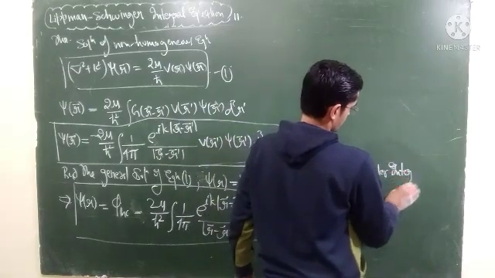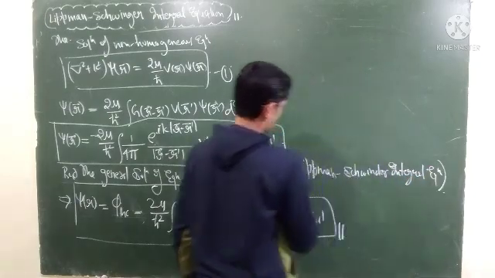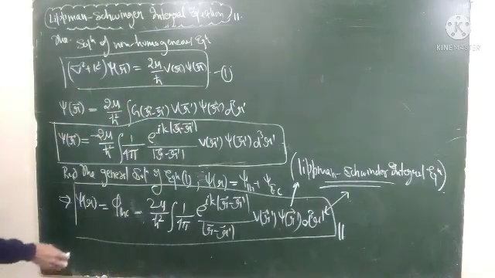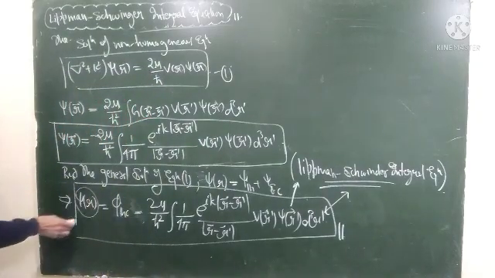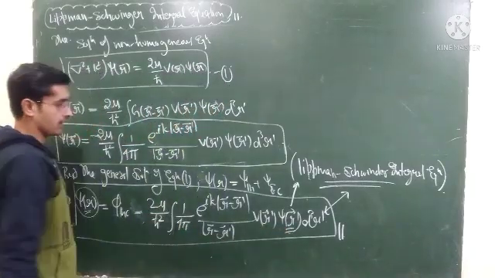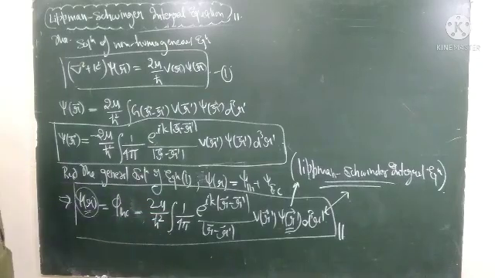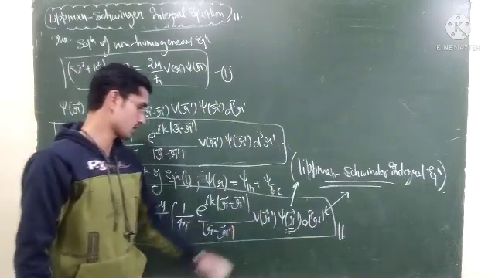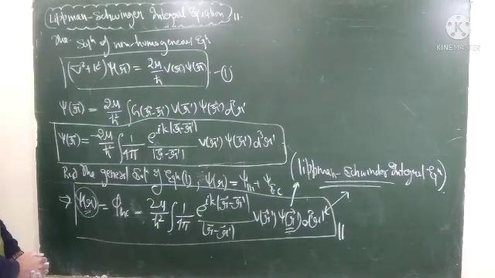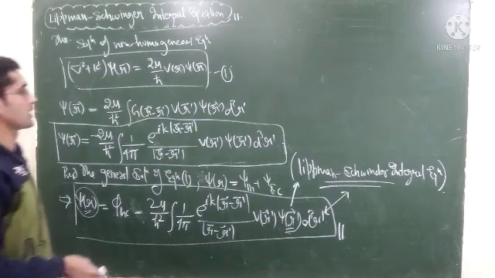If you just notice it, we are calculating the value of psi of r, but we have psi of r in the integral sign as well, right? So if you have this kind of equation where the quantity that we are looking for is also in the integration, then it is not that easy to solve this particular equation. But this type of equation is called an integral equation, and this is the equation which is called the Lippmann-Schwinger equation, right?